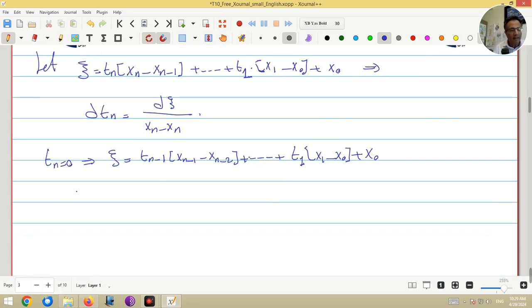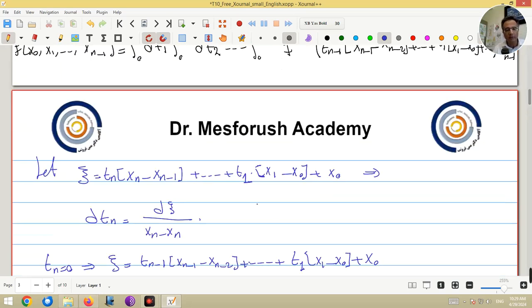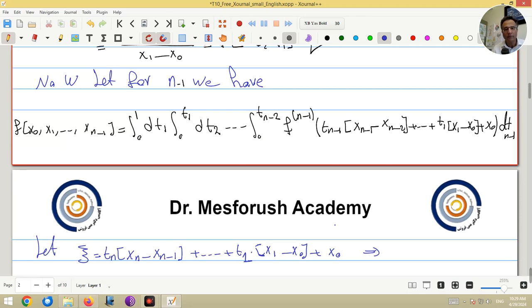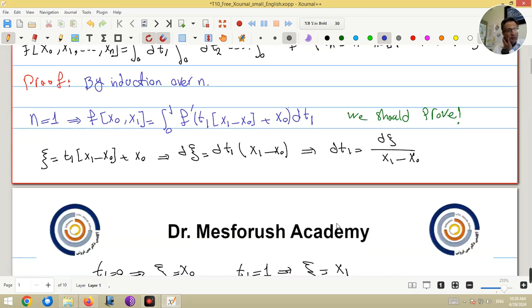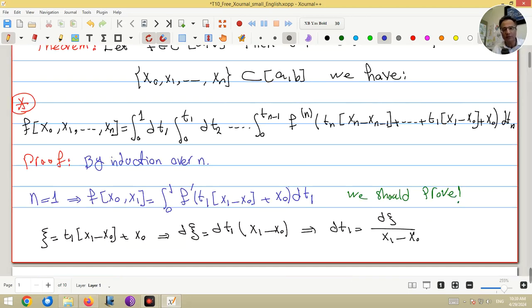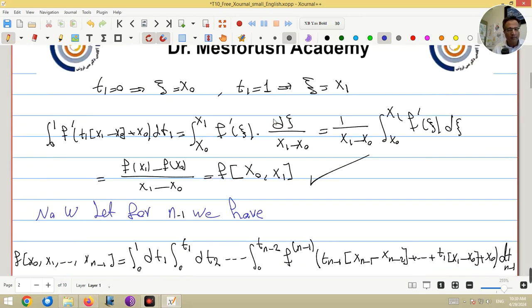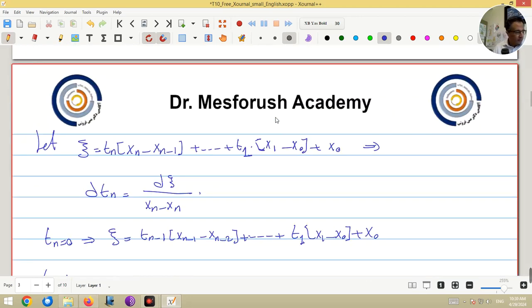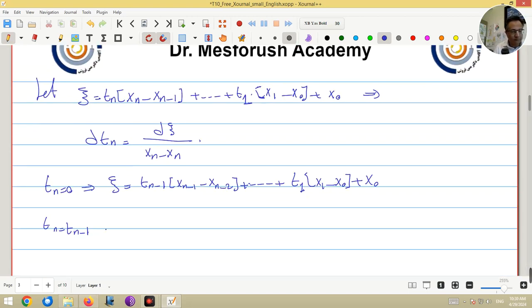And if tn is equal to tn-1, here I mean in the integral, so I will get xi will be tn-1.